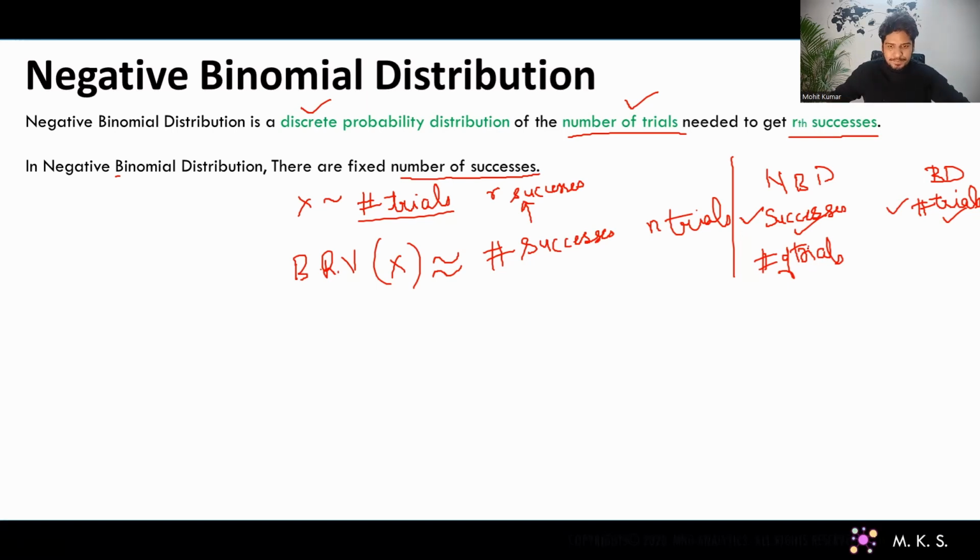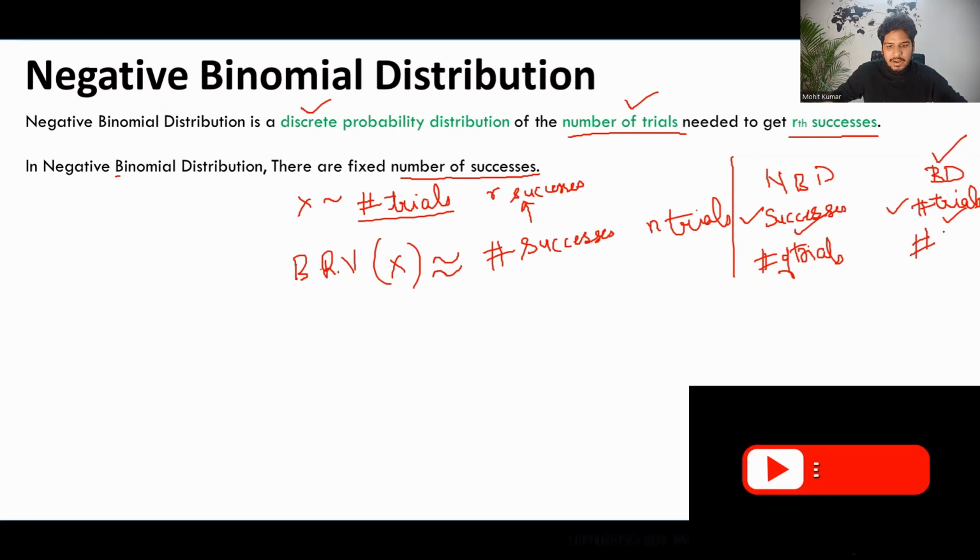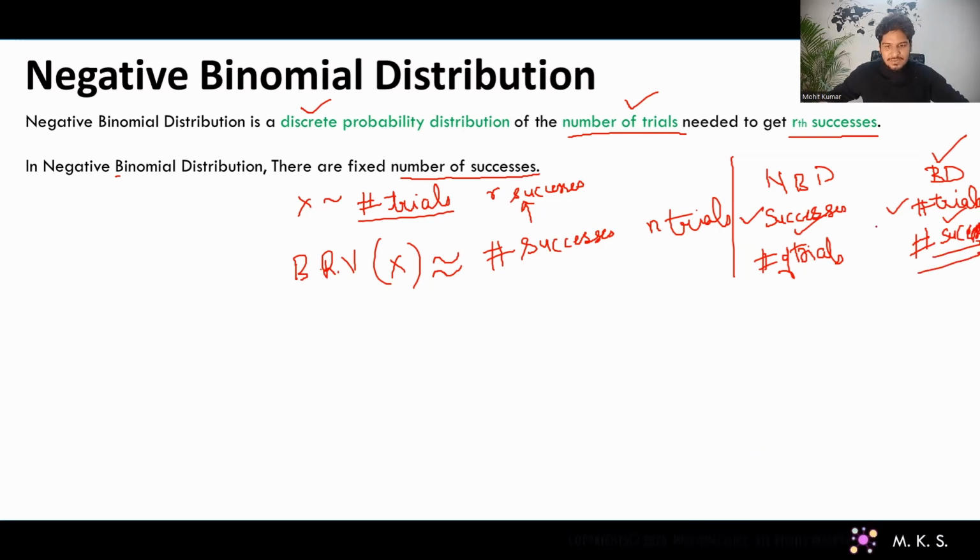In negative binomial distribution, we model the number of trials, and in binomial distribution, we model the number of successes. So that's the difference between these two. I hope this is clear why we call it negative binomial, because this is the exact opposite of the binomial distribution.